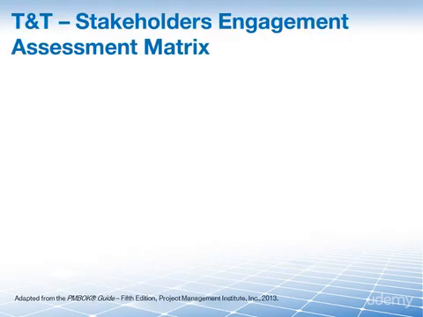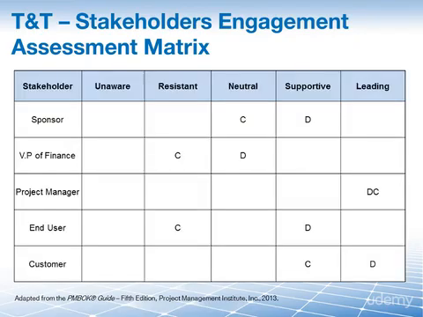Ongoing stakeholder analysis and engagement are very closely linked and often require the use of an important stakeholder management tool, which is the Stakeholders Engagement Assessment Matrix. This tool allows us to assess the level of stakeholder engagement at any time on the project and to make necessary adjustments in stakeholder engagement as needed.